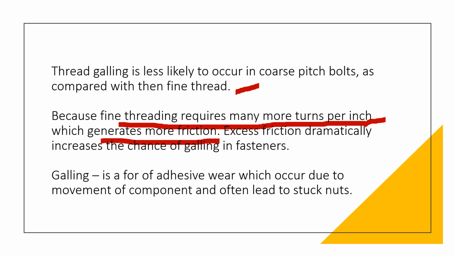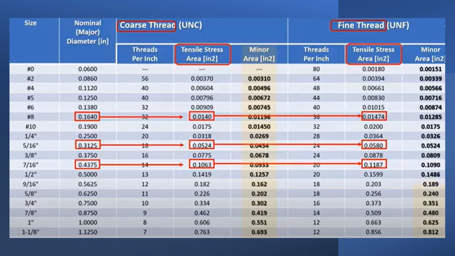When you make more turns, it generates more friction. More friction leads to adhesive wear. If it is adhesive wear, most of the time it leads to stuck nuts. That is called galling. So excess friction dramatically increases the chance of galling in fasteners. So this is one of the coarse thread advantages over fine thread.